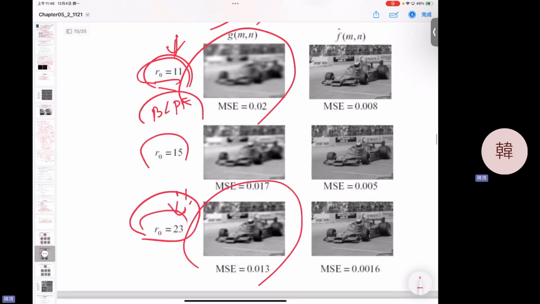So the result will be like this. With a larger radius, you retain more energy, more frequency spectrum of your original image and image content, and the blur effect is less. So you can see it becomes a small mean square error. And this is the larger mean square error.